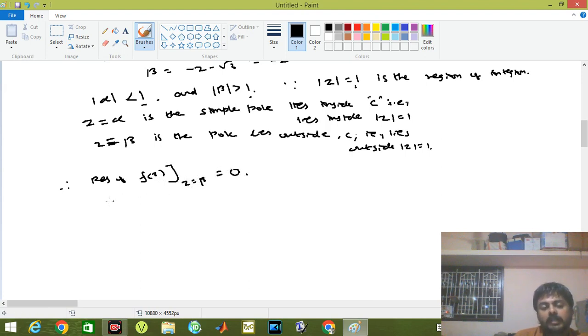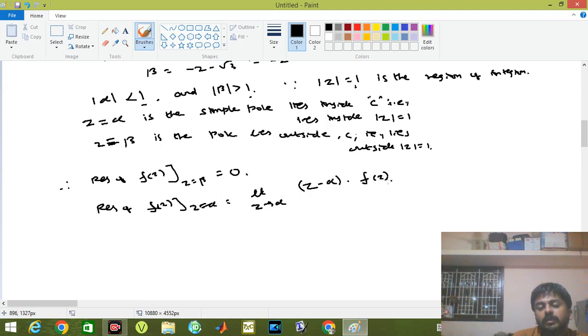Whereas we have the formula: residue of f of z at z equal to alpha is given by, since it is a simple pole, limit z tends to alpha of z minus alpha into f of z. What is our f of z?